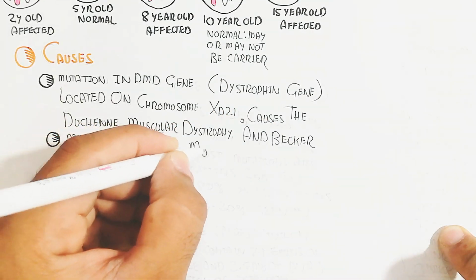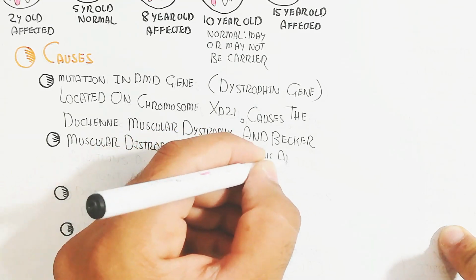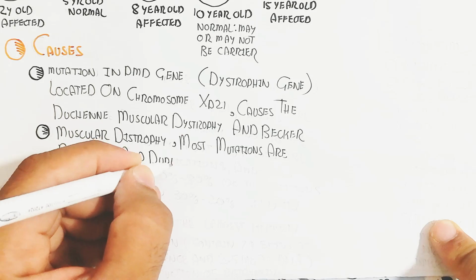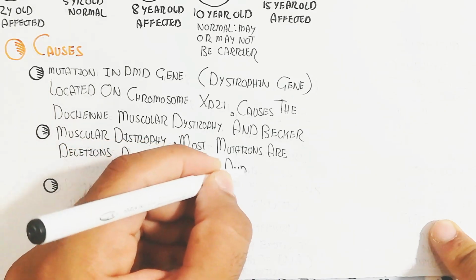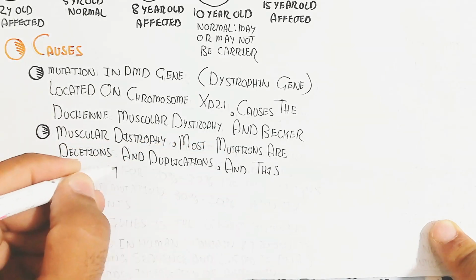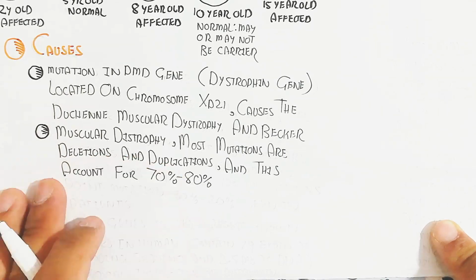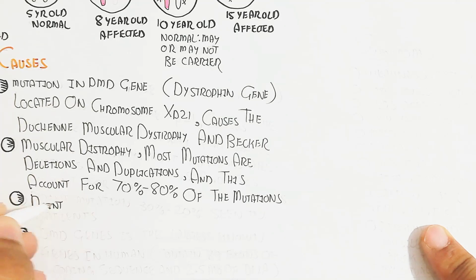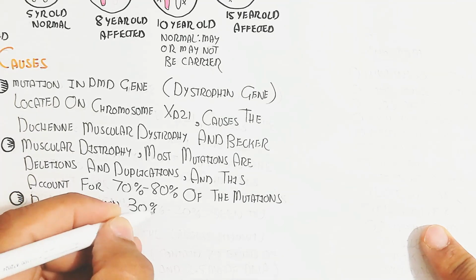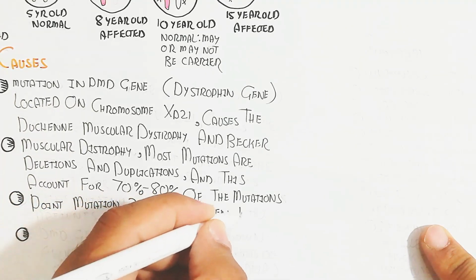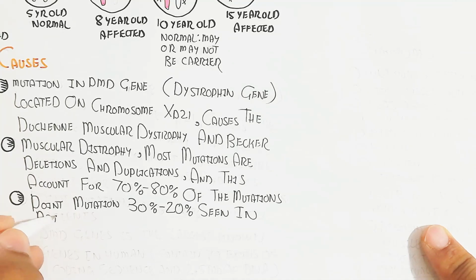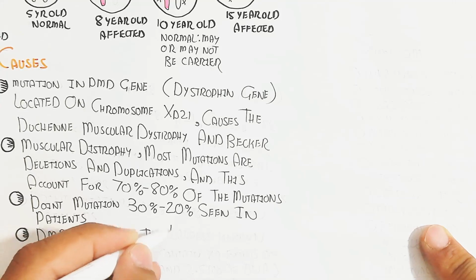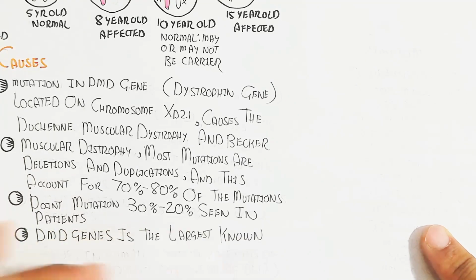In muscular dystrophy, most mutations are deletions and duplications, which account for 70 to 80% of mutations. Point mutations are seen in 20 to 30% of patients. The DMD gene is the largest known gene in humans, containing 79 exons of coding sequence and 2.5 MB of DNA, and provides the instructions for dystrophin.